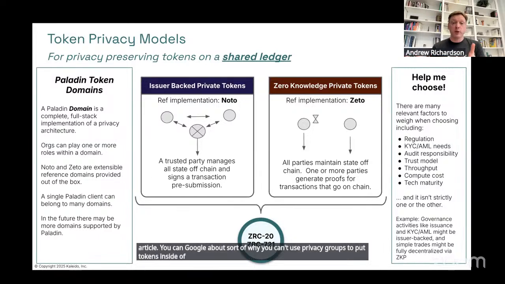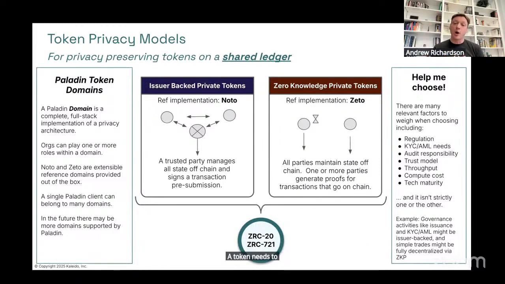If you put a token inside of a privacy group, that token is stuck inside the set of parties that are maintaining that privacy group and have visibility to it. A token needs to be interoperable across the whole ecosystem. For that reason, tokens work in one of two models, and this is pretty universal across all DLT and blockchain technologies.